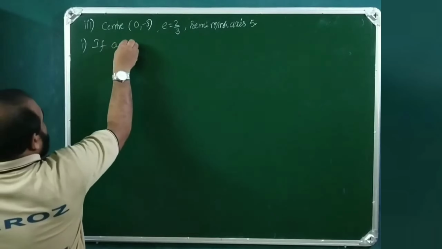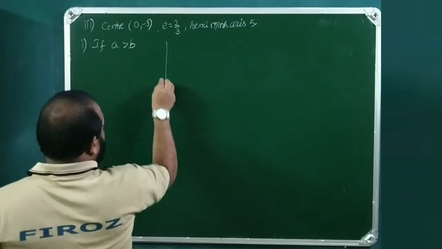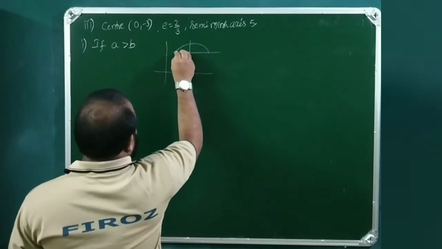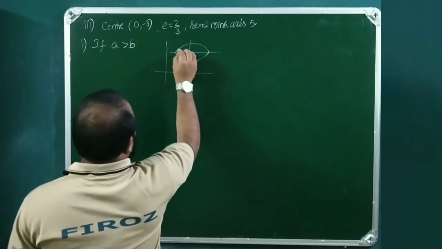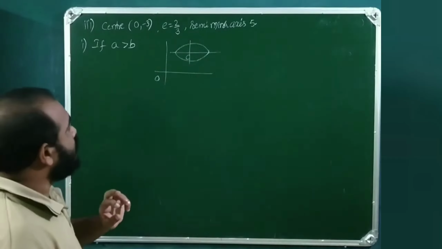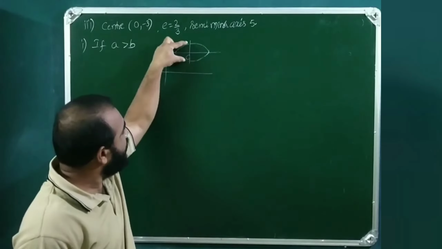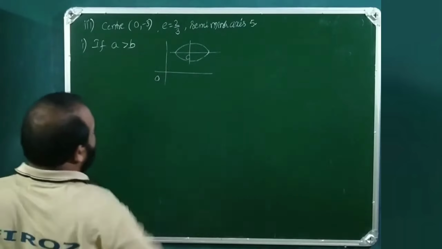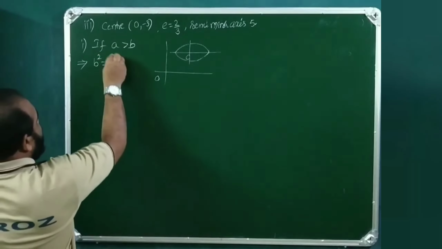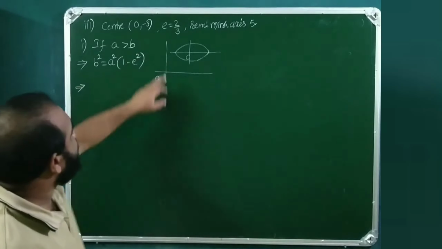First of all, if A is greater than B, that means the ellipse is of this form. A greater than B, this is the origin and this is C now. So here A is greater than B, this is the major axis and this is the minor axis. So if A is greater than B, then the condition is B square equals A square into (1 minus E square).